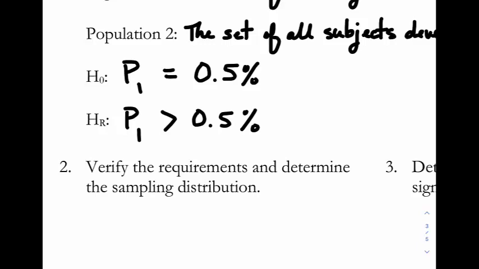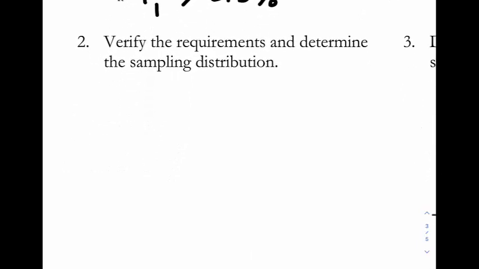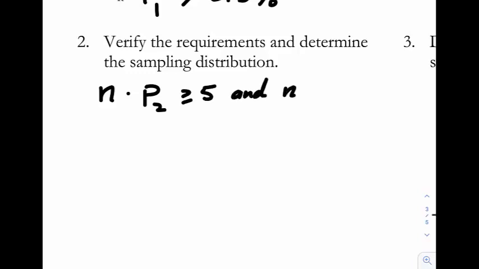So let's go ahead and verify the requirements before we move forward, so that we know we can use the standard normal distribution. The formula for all of these: n times P2 needs to be greater than or equal to 5, and n times Q2 needs to also be greater than or equal to 5.